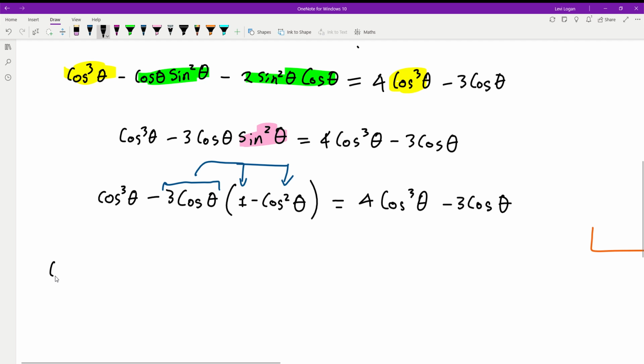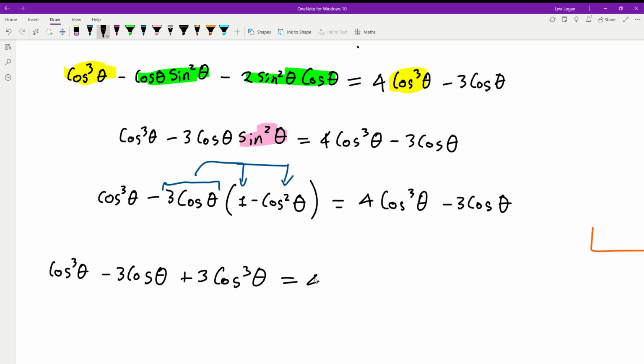So what we'll get is cos cubed theta, then we'll get a minus 3 cos theta when it goes to a 1, then we'll get a plus 3 cos cubed theta equals 4 cos cubed theta minus 3 cos theta.